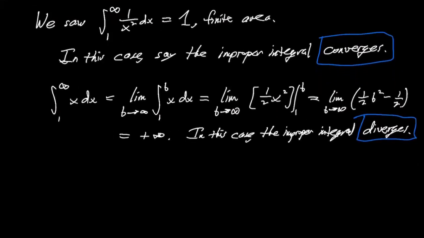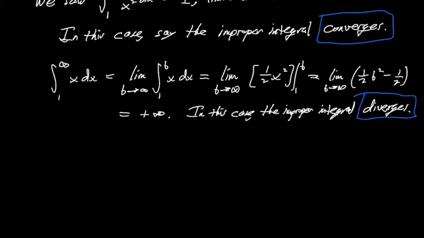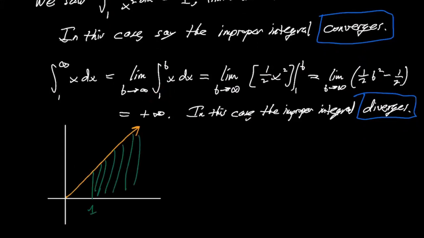If you look at the picture of the graphs in these two cases, let me draw some axes here. The graph of x is just like this. By the way, there's no reason to start at 1 here. But if I start at 1 and start making the area under the graph, it's clearly getting bigger and bigger as you slide b to the right.